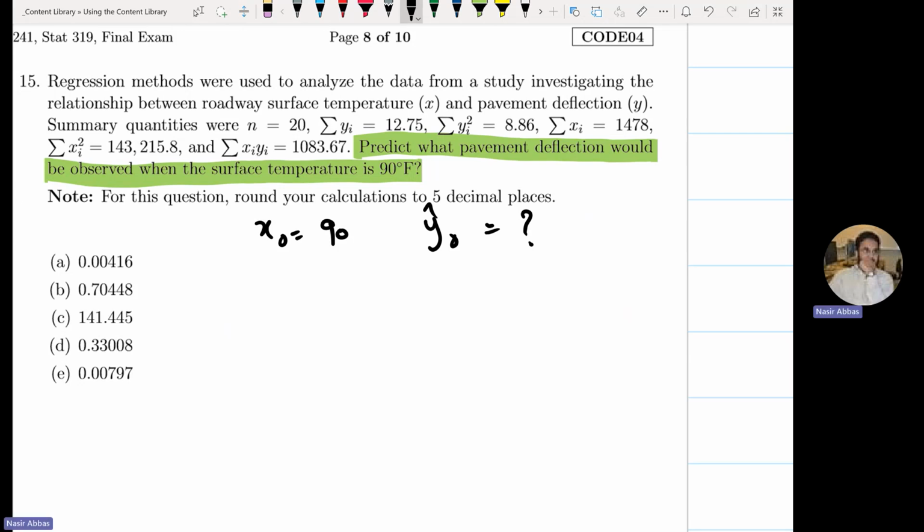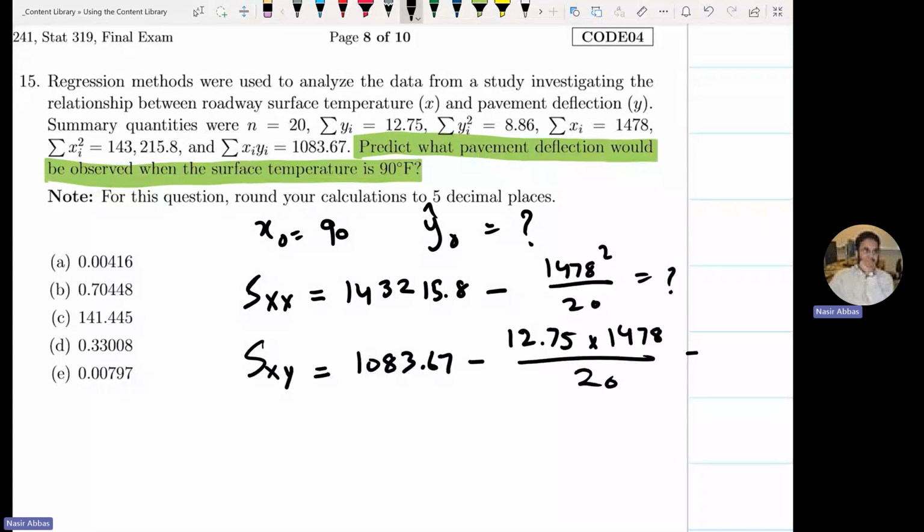What do you want to do in this question? It's a very long calculation question. What will you do first? You will find SXX, which is 143,215.8 minus 1. Then you will find SXY, which is 1083.67 minus 12.75 multiplied by 1478 divided by 20.